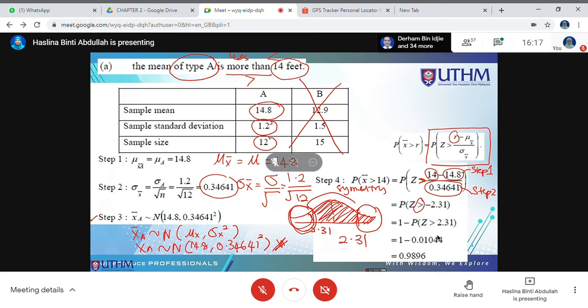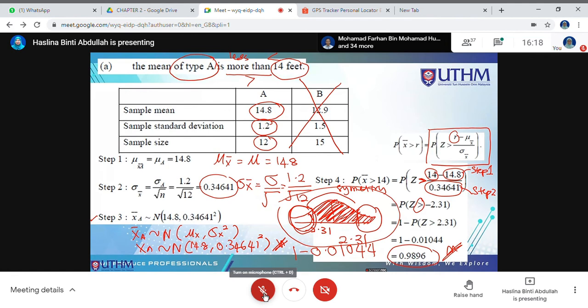As I mentioned last week, the area for normal distribution curve is equal to 1. So, in order to get the value of this area, you need to 1 minus 0.01044. And the final answer is equal to 0.9896. Okay, clear tak yang ni?